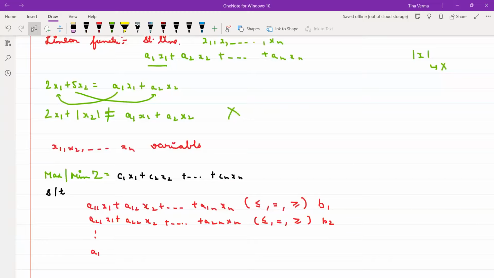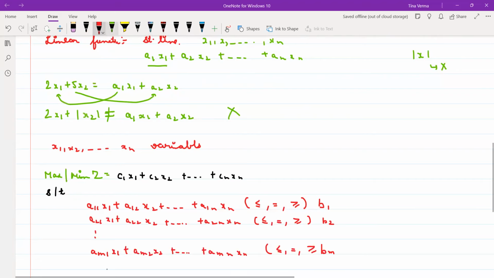The same way, if you have m constraints, you can write am1 x1, am2 x2, and so on.